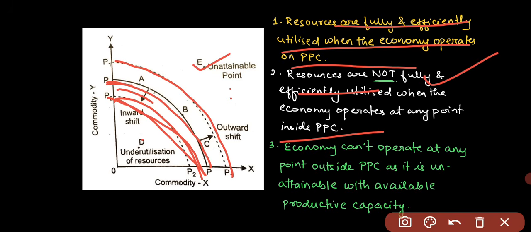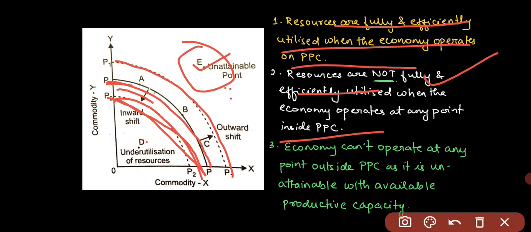But at any point inside the production possibility curve, we can say that there is inefficient utilization of resources. Outside the production possibility curve is actually unattainable, because that much of resources are not there, that much of technology is not there to produce at that point.